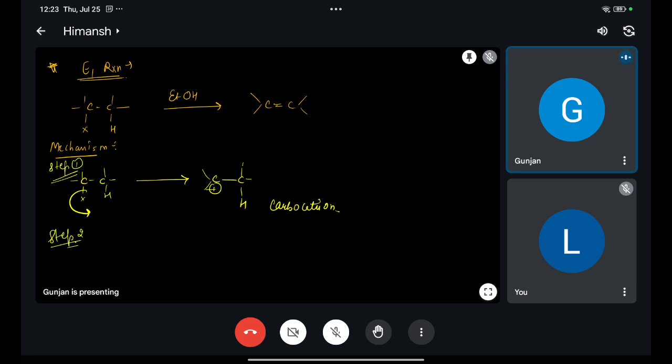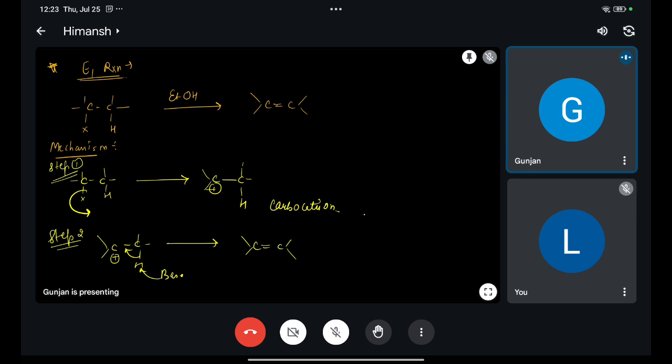In step number 2, the formed carbocation will be attacked by a base. The base will attack the H and ultimately cleave the bond and form a double bond.